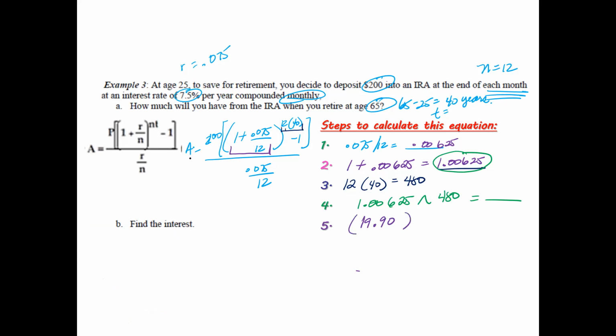Take that number and you're going to times it by the 200. This is your multiplier. Do you remember before we have like a 16 something? Now you have a 19.90 something. Remember, if that is going to be bigger than 1, you're going to be gaining. Well, 19.9 is significantly bigger than 1. So you're definitely going to gain a lot more money.